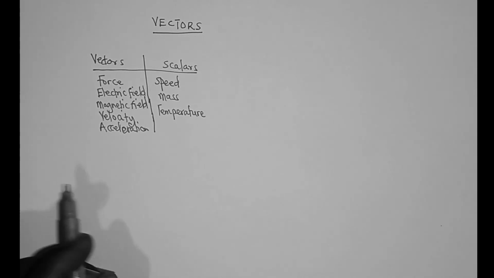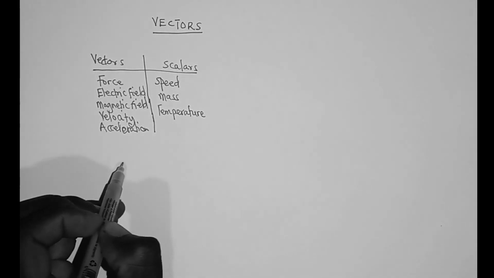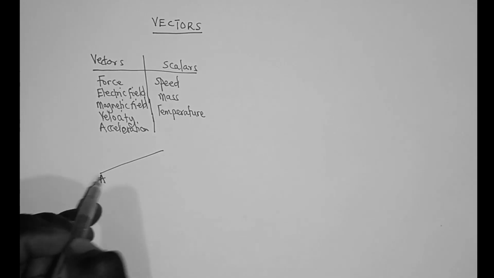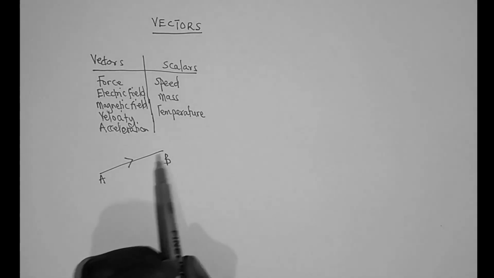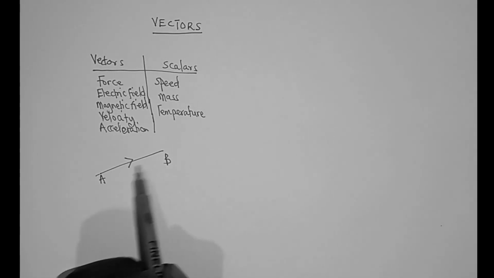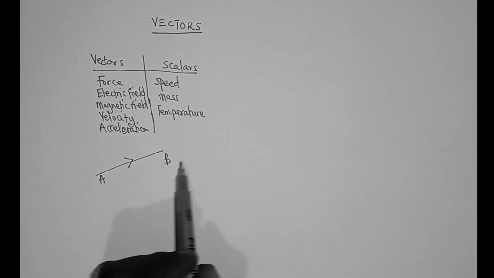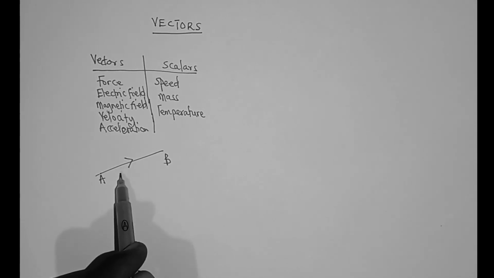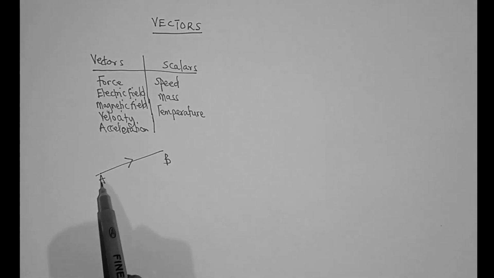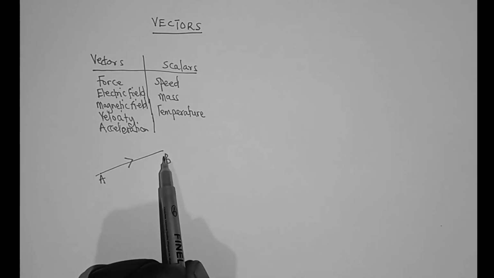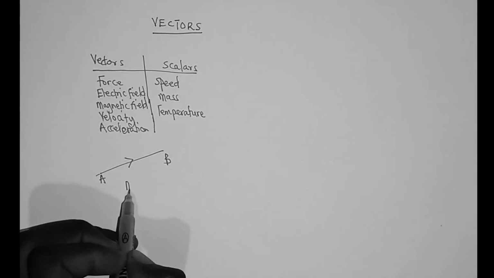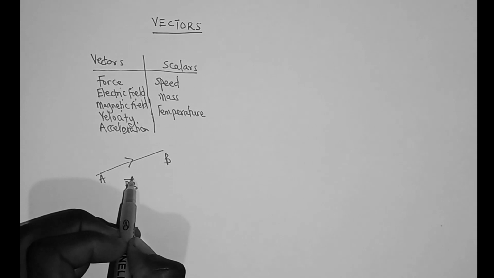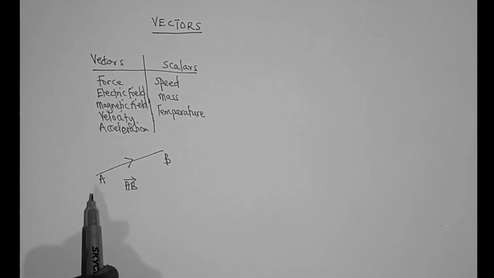So a vector, for example, if we start from a point A to a point B, the magnitude between point A and B and also the direction you took would describe your vector when you move from point A to point B. In terms of vectors, it is written as AB with an arrow on top.